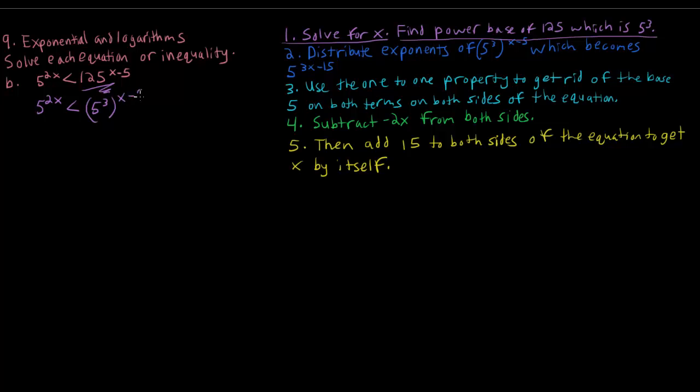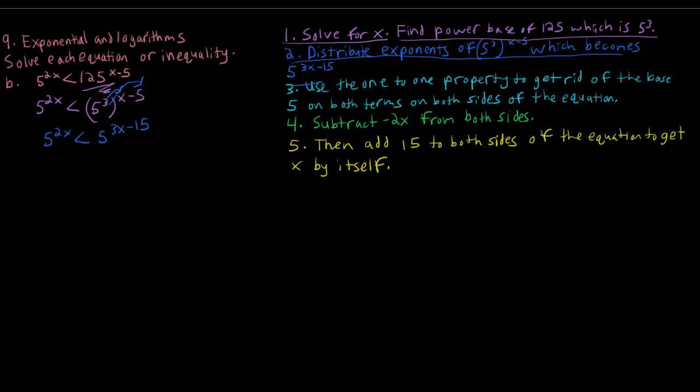Step 2, we're going to distribute the exponents. 5 to the 2x you can't distribute, but 5 cubed you can distribute. 3 times x and 3 times negative 5, so you end up with 5 to the 3x minus 15.